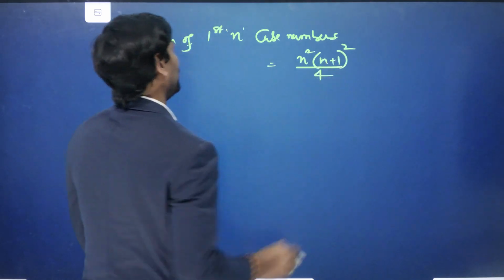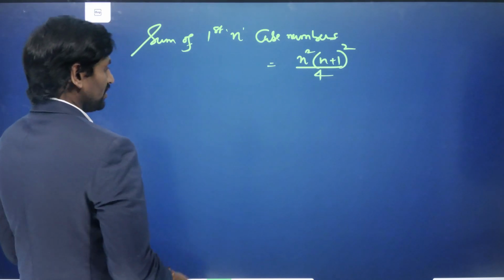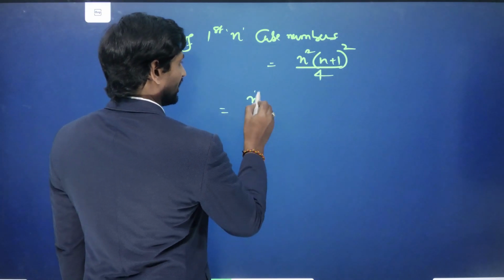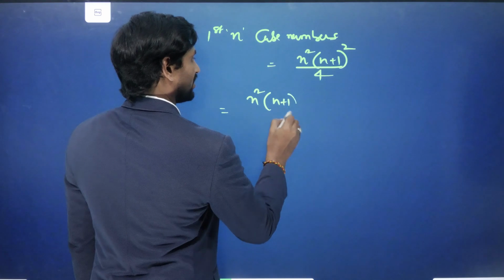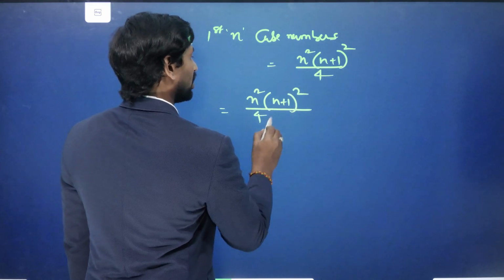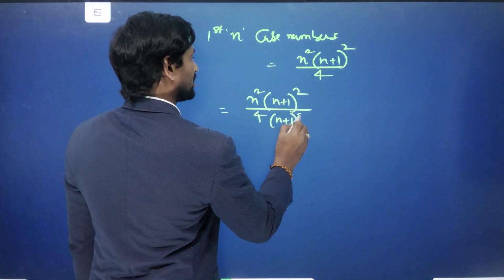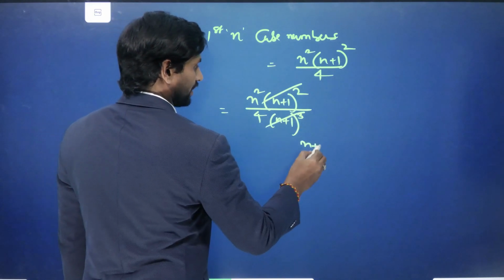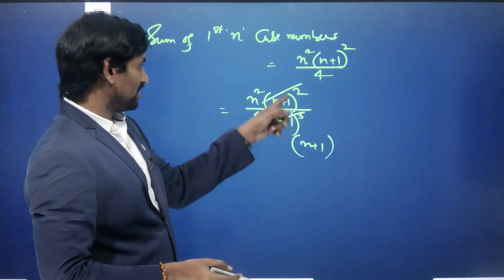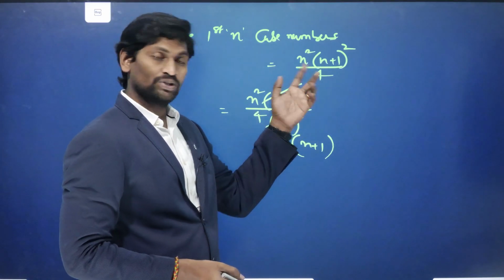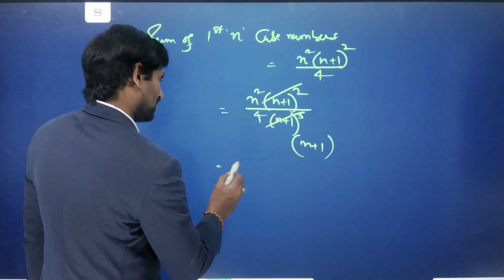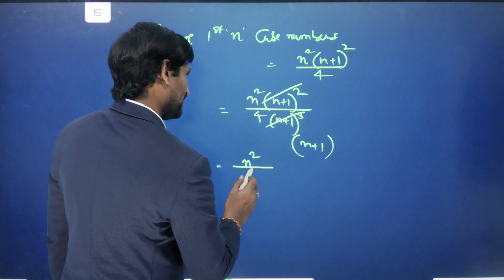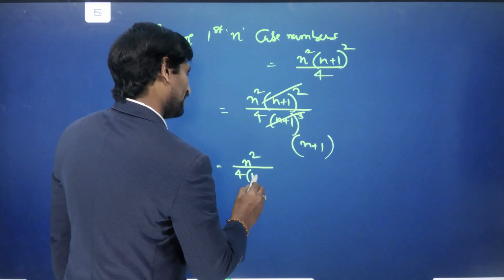In that answer we should write n square into (n plus 1) whole square by 4, and already in the denominator we have (n plus 1) whole cube. Because the numerator has power 2 and here 3, that means one (n plus 1) remains. That is equal to n square by 4 into (n plus 1).